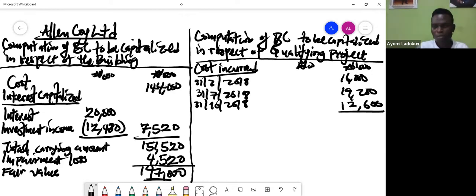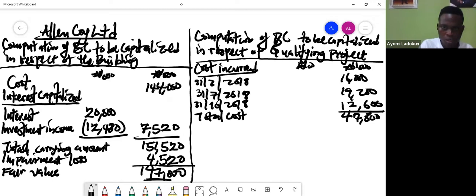So I need to add this up: 16,000 plus 19,200 plus 12,600 gives 47,800. So this is my total cost. I will now say interest capitalized.